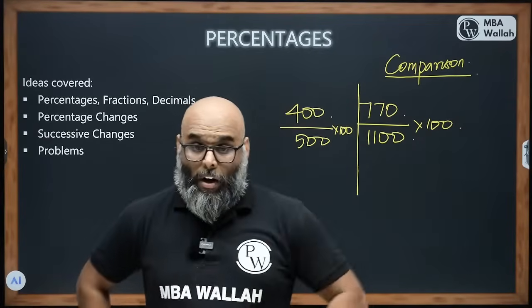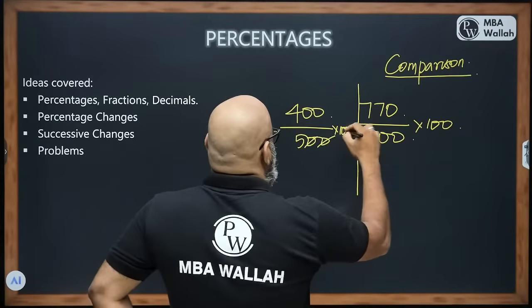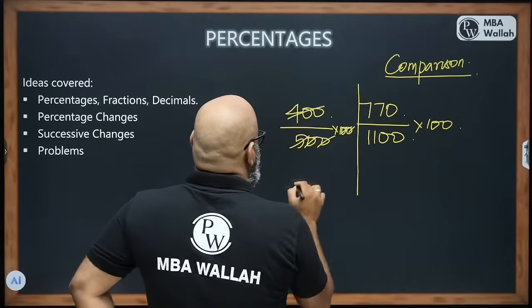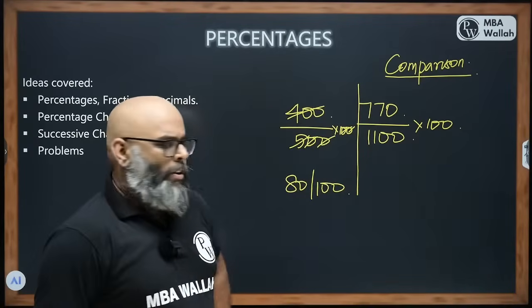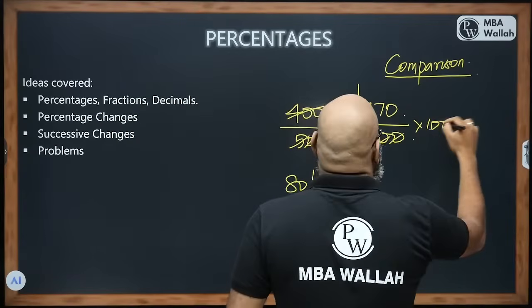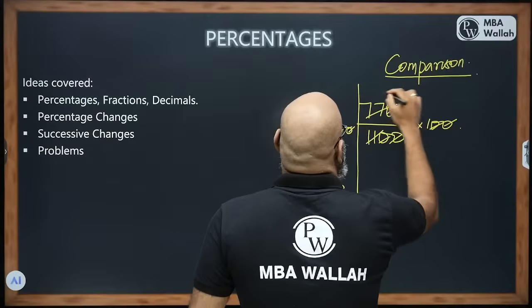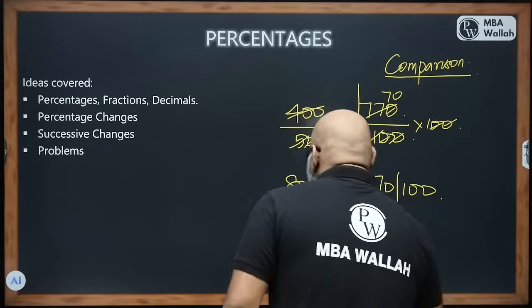When you do that, so you cancel it out, this will be 80 for every 100. For every 100, that's 80. When you do the same thing over here, this will become 70. This will be 70 for every 100.